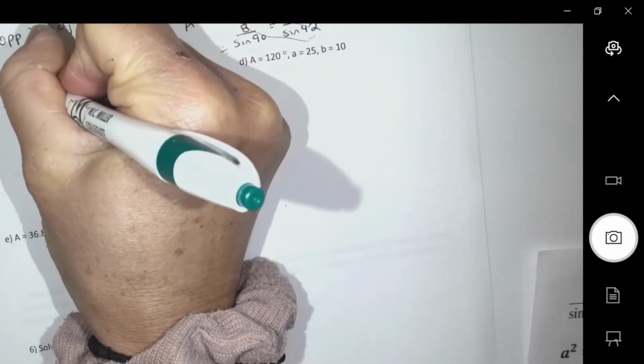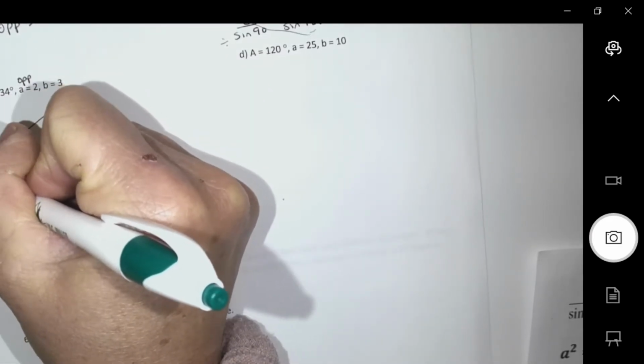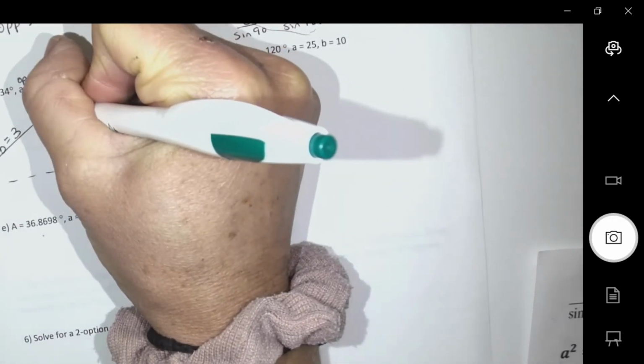Okay, C. The opposite side. Well, that one is shorter. So we're going to have to figure it out. So there's my angle of 34.